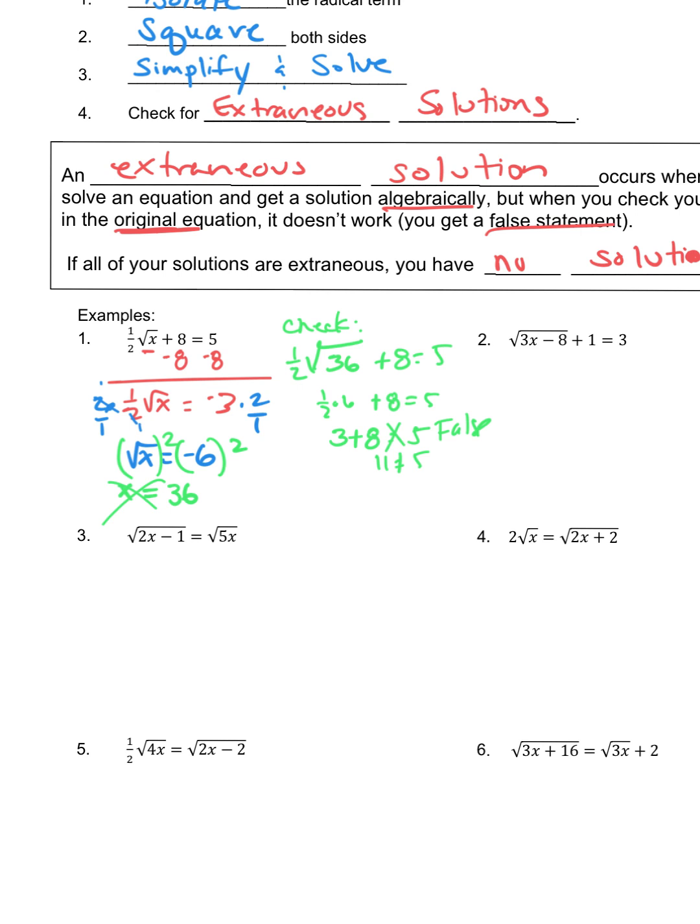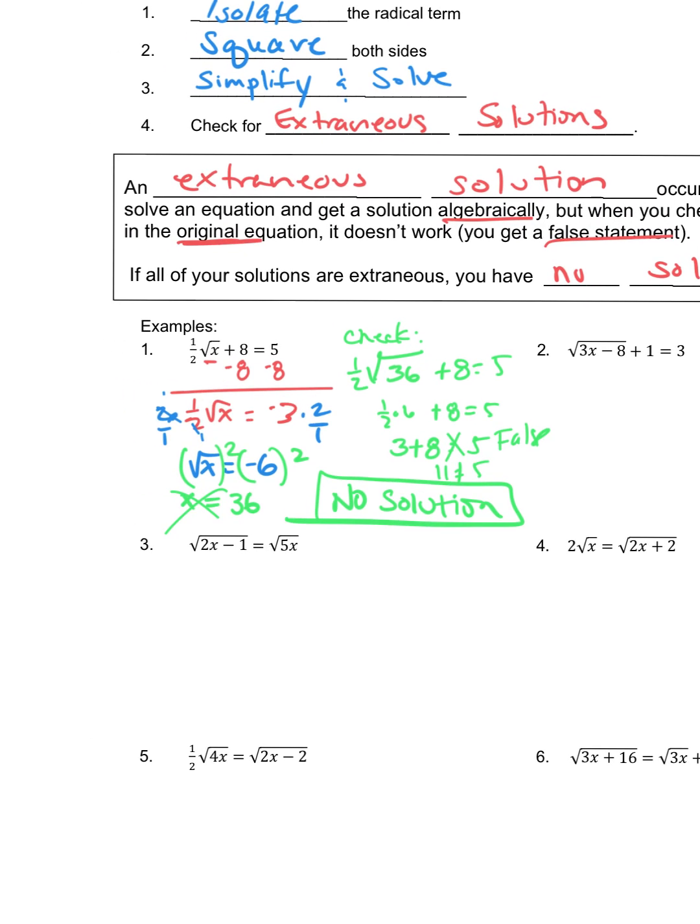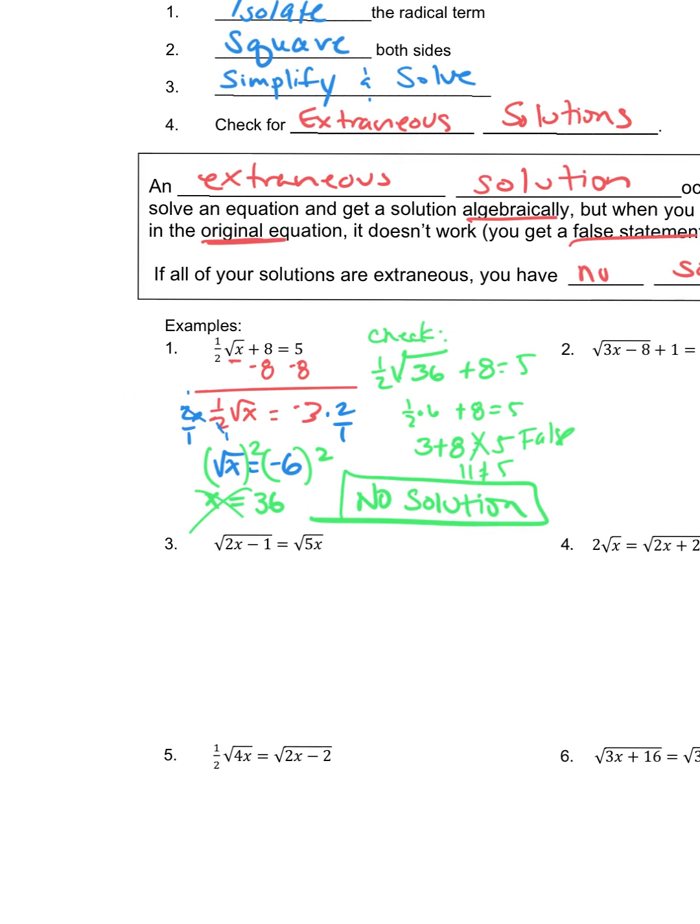Now, in the answer key you might see NS, but no solution. What I'll look at really quick is this certain part right here, when we had the square root of x equals negative 6. This will never happen. You will never have a square root of whatever's underneath there equal to a negative number.